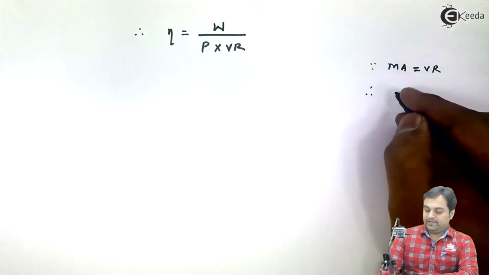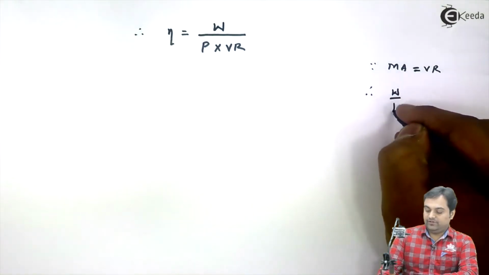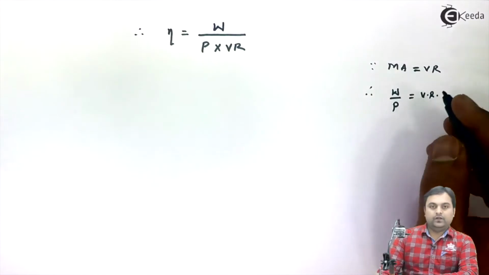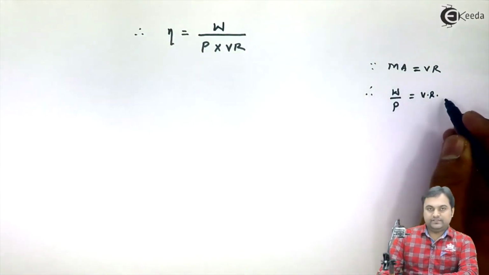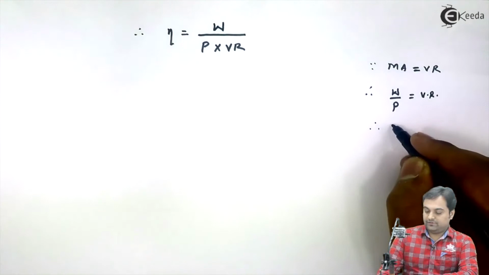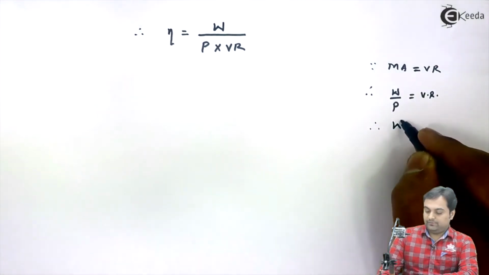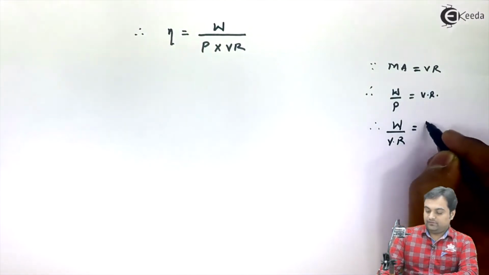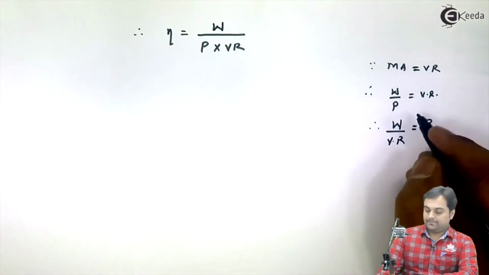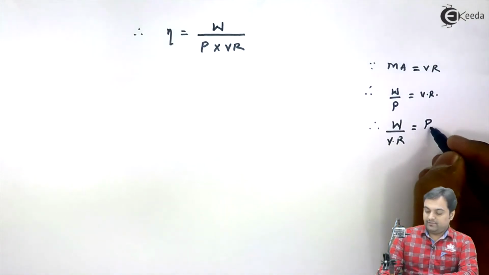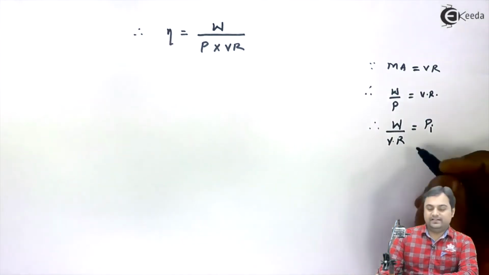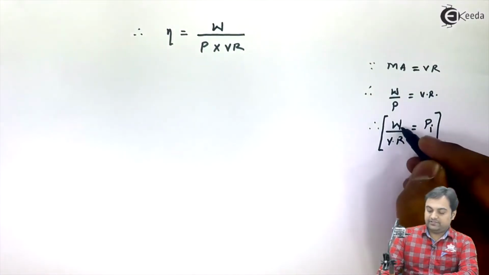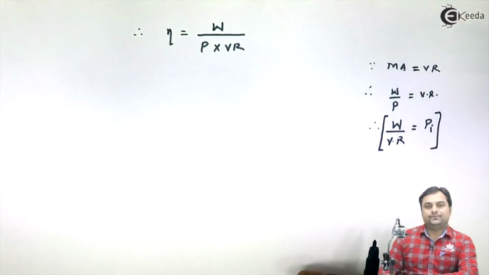Now therefore mechanical advantage, load upon effort, is equal to velocity ratio. I'll shift P onto the other side, so therefore W upon velocity ratio is equal to P. Here I will put suffix I, called ideal effort. It means the formula of ideal effort is load upon velocity ratio.